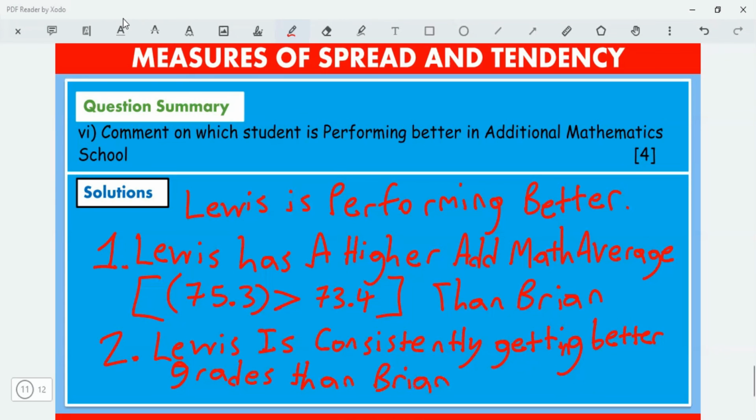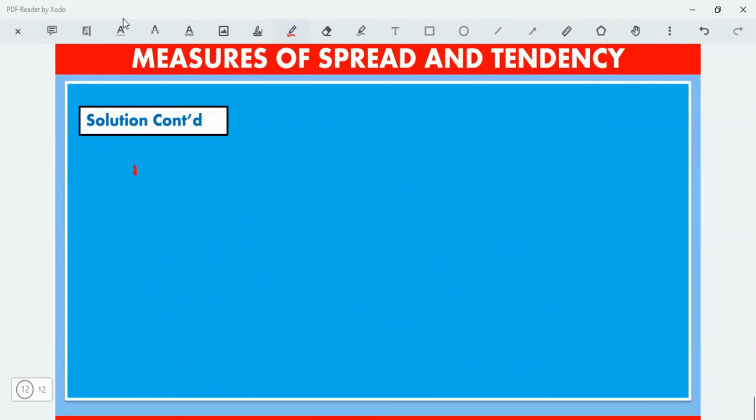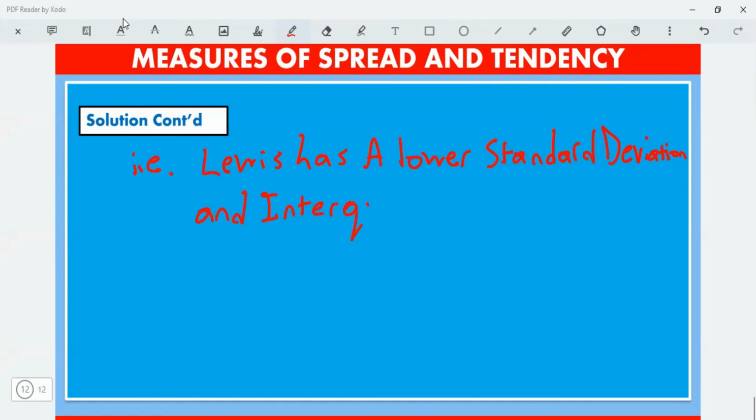Because of the standard deviation, which is what we use. So you can put, in other words, that Lewis has a lower standard deviation and interquartile range. So that is why Lewis is performing better in ADMAT than Brian.